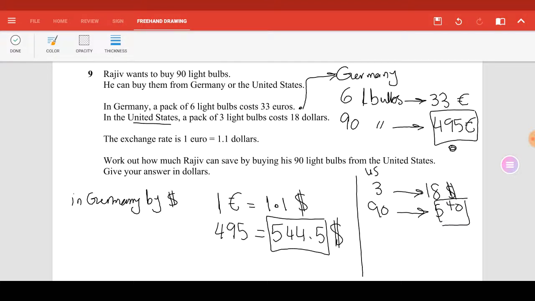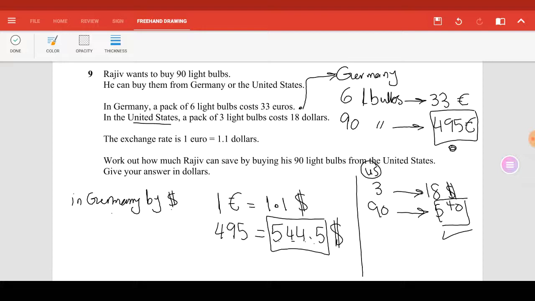$540. So the price will be 540 when you buy by dollars in the United States, and the price will be 544.5 when you buy in Germany, also by dollars.